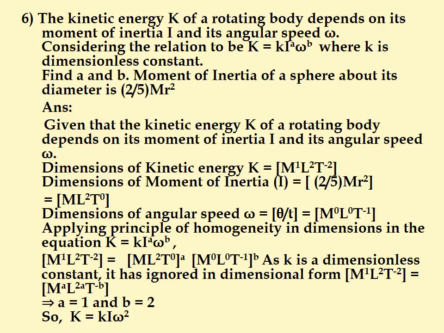By equating the exponents or powers of the base quantities on both sides of the expression, we get a is equal to 1 and b is equal to 2. So K is equal to I omega square. By considering the dimensionless constant k, the expression takes the form of capital K is equal to k I omega square.